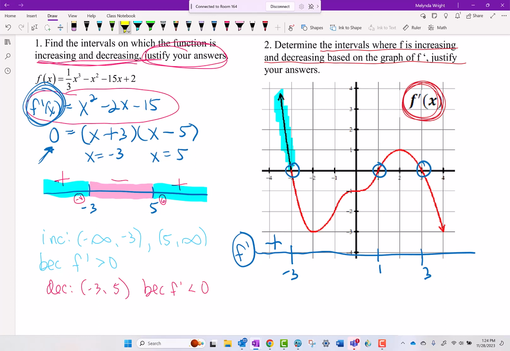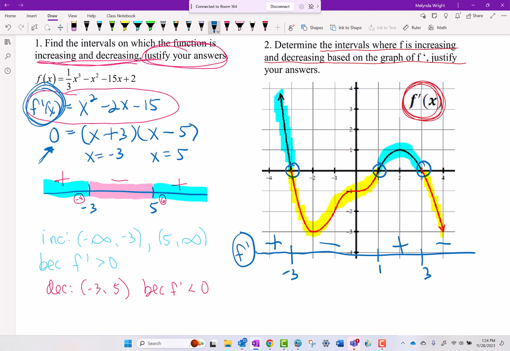All those y values are negative, so this section is negative. We have two more. Between 1 and 3, all these y values are positive, so this section is positive. And lastly, this section right here, all of those y values are negative.